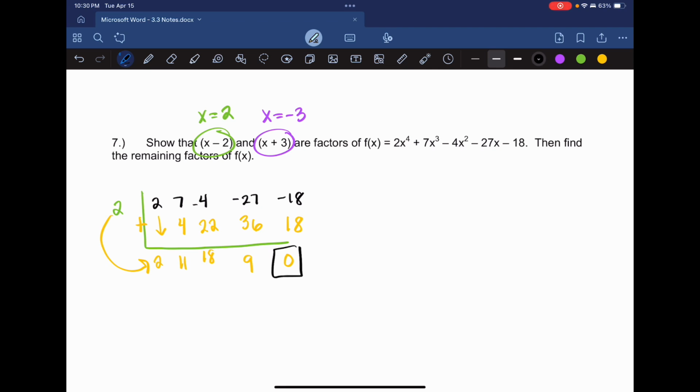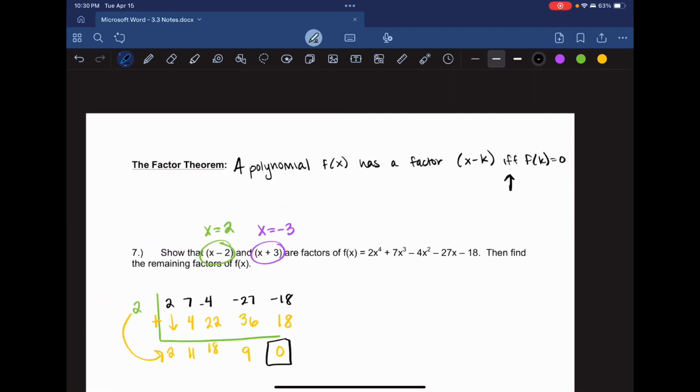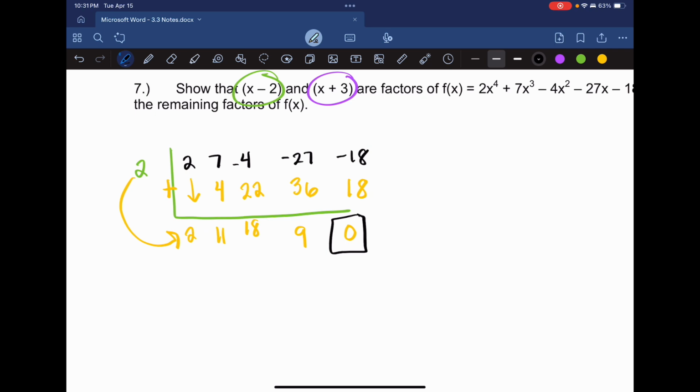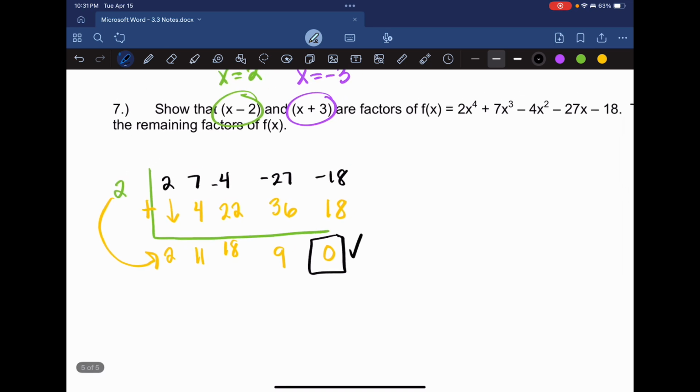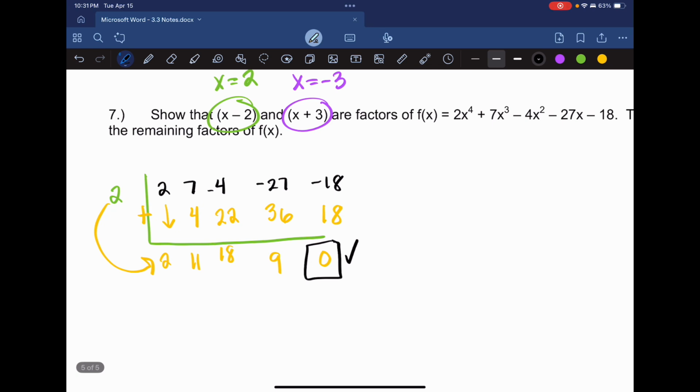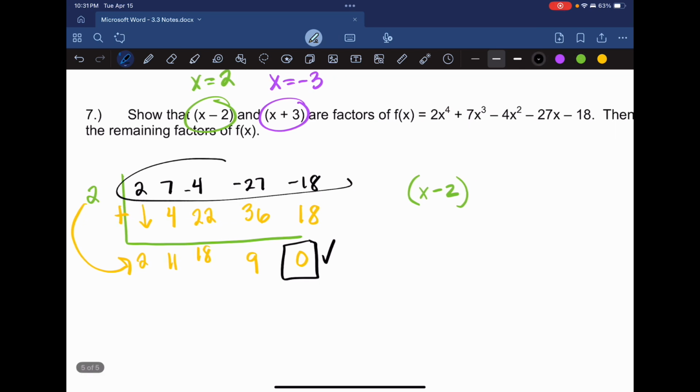Okay, so what we just did, according to my factor theorem, is because I got a 0 here, I know that x minus 2 is a factor. So I know that I can take out an x minus 2, and I'd be left over with what I have left down here.